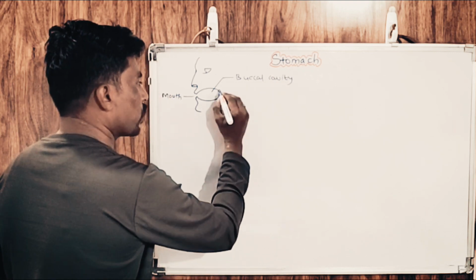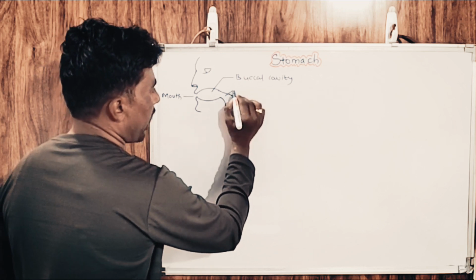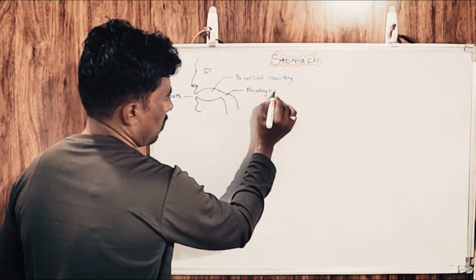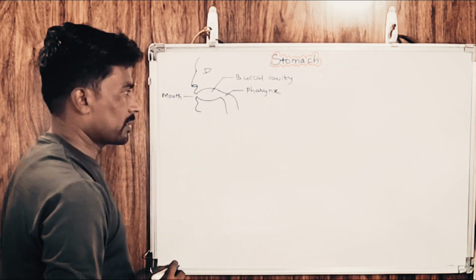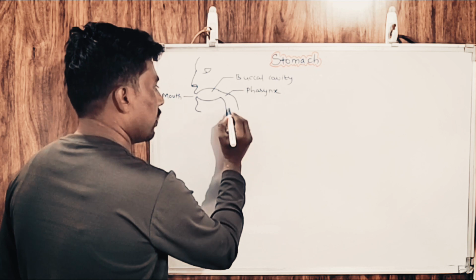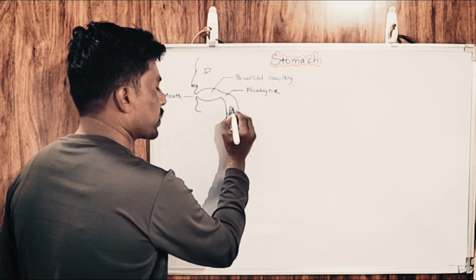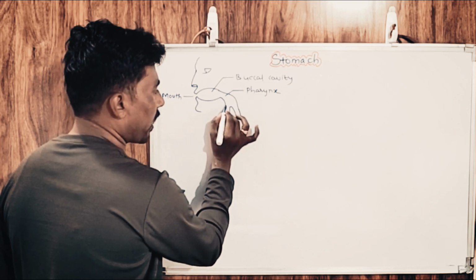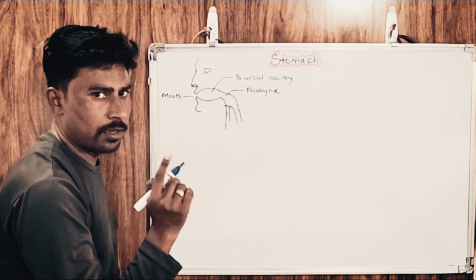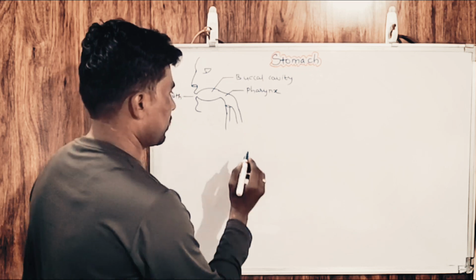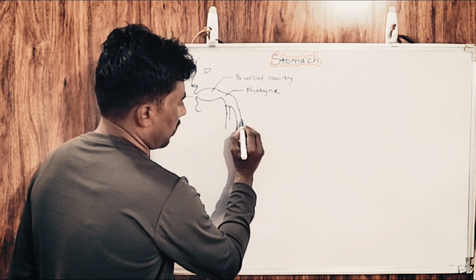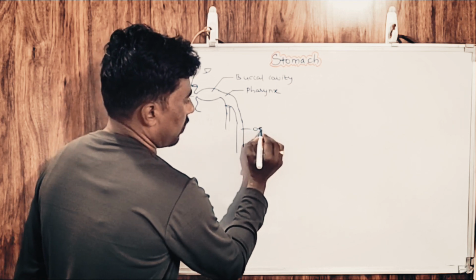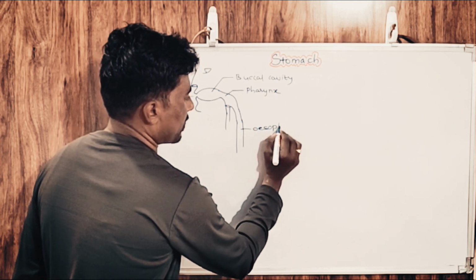Next to that there is the pharynx. Next to that, two tubes begin. One tube is the windpipe, its opening is known as the glottis, and it is covered by the epiglottis. And the other tube is the esophagus.